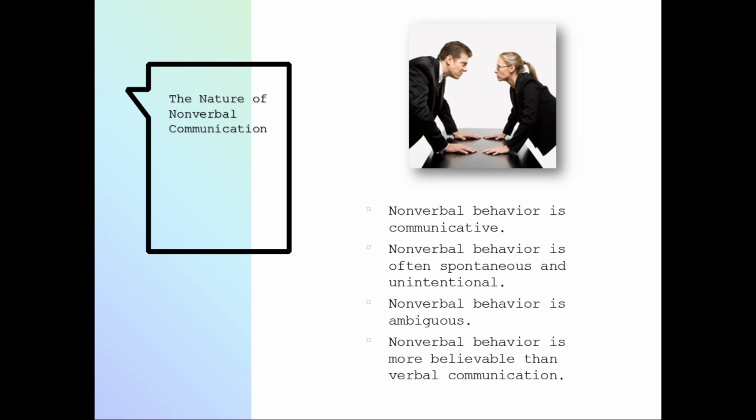Next, nonverbal communication is ambiguous. Blinking, stammering, or hesitations in speech can indicate deception, but they can also indicate anxiety or uncertainty. In many cases, you can pick up clues about the meaning of behavior from the situational context.